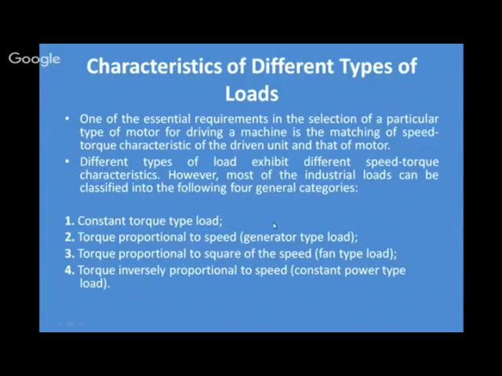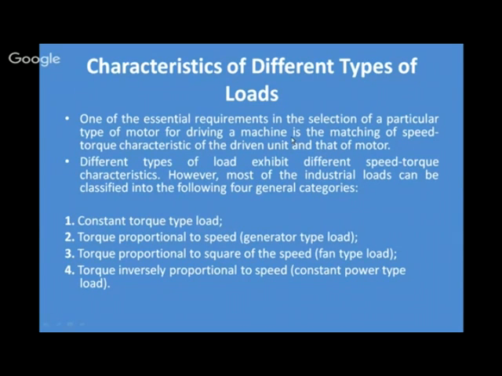Now we have the different types of characteristics of loads. Loads can have different types of characteristics, like some of the loads have constant torque requirement, others have variable torque and speed. So it is essential that our drive system matches with the torque requirement of the driven unit.